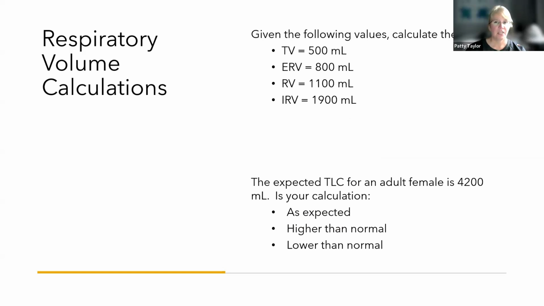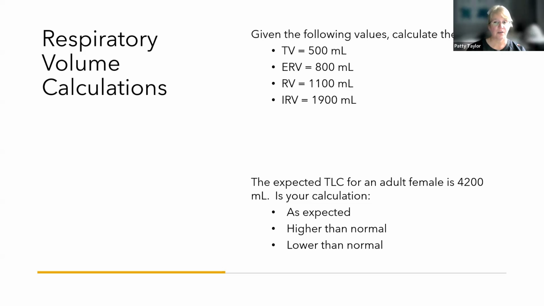Here's one more. Let me give you a moment to do the calculation, plug in those values, get your final TLC. Okay, and what you get, you might compare back against an expected TLC.